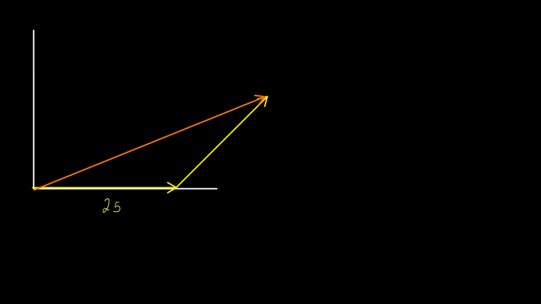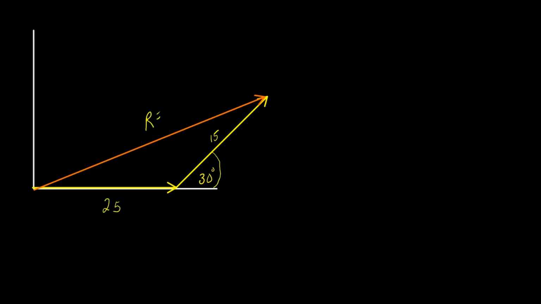The second vector here, suppose it has a magnitude of 15 and an angle of 30 degrees. Remember, we measure everything from the positive x. We need to solve for the resultant here.